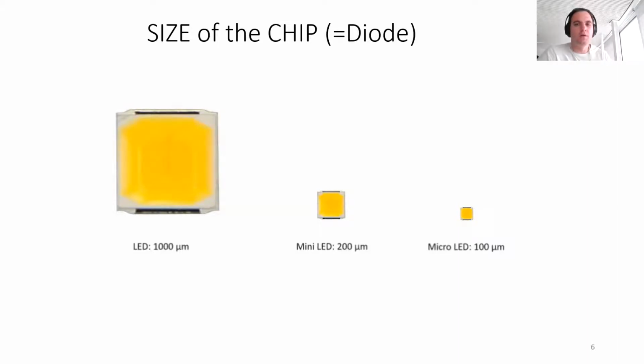Now, in a lot of marketing collateral, this term has sometimes been used incorrectly. Sometimes it's used to refer to chip on board, or sometimes to flip chip SMDs. But if you consider the meaning, the size of the diode, there are a lot of products in the market misnamed micro LED.